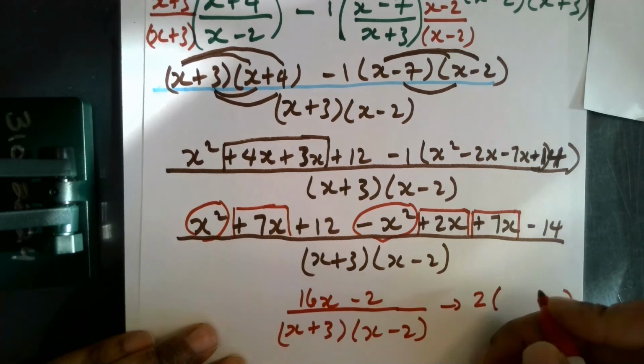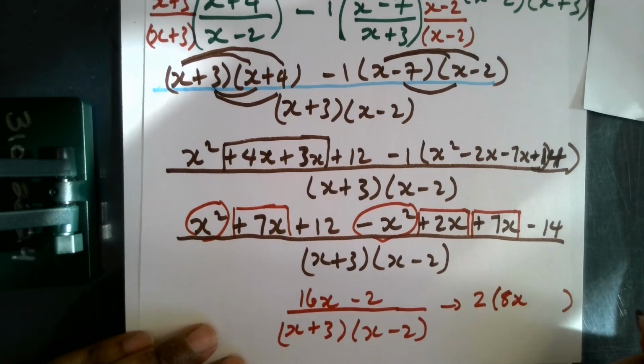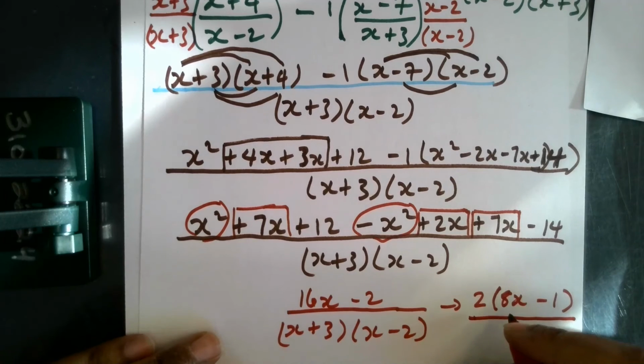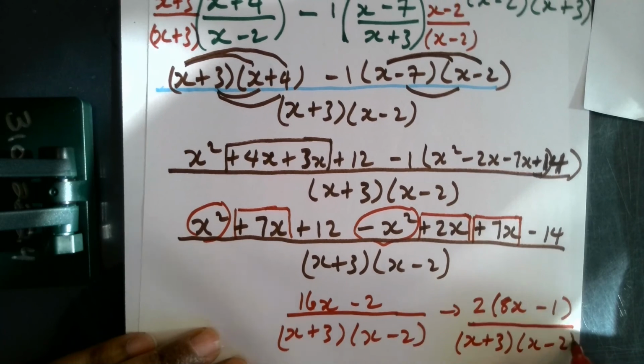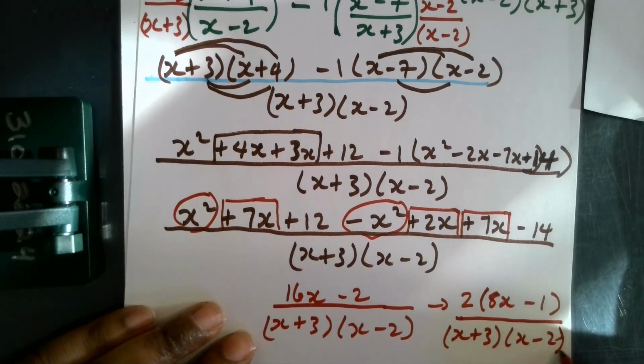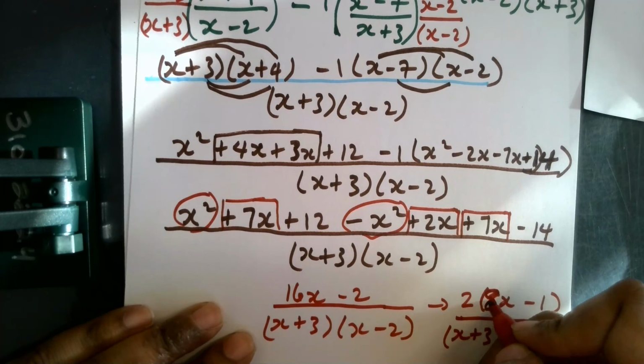So inside I would have 8x minus 1 over x plus 3 times x take away 2. So this is an 8.